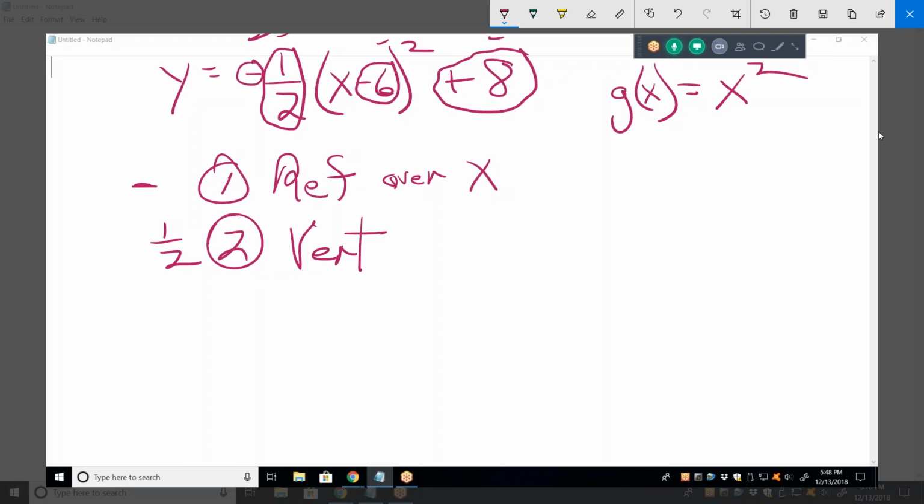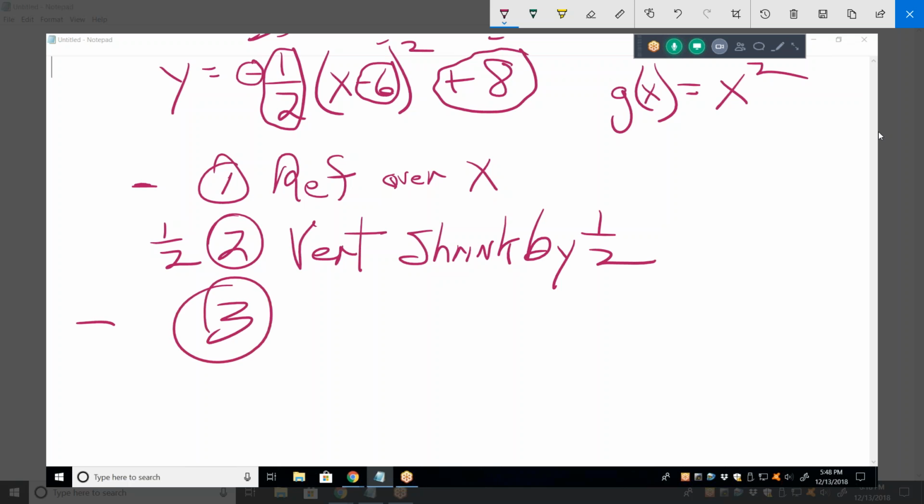A multiplier means it's a stretch or a shrink. If it's greater than 1, it's a stretch. If it's between 0 and 1, it's a shrink. So this is a vertical shrink by 1/2. You with me? Yes.